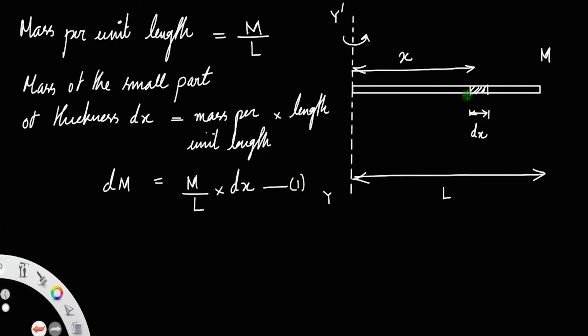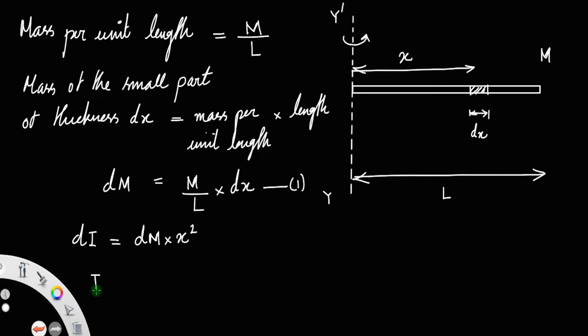Now the mass of the small portion is equal to M by L into dx. The moment of inertia of this small portion about this axis, let's call that dI, is equal to the small mass dm into distance squared. Distance is x, so x squared. Clear?